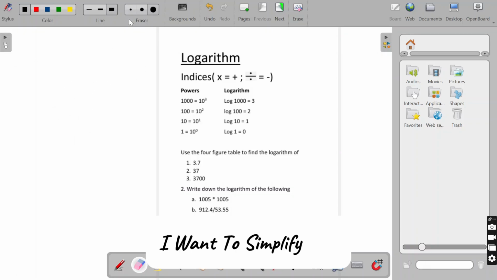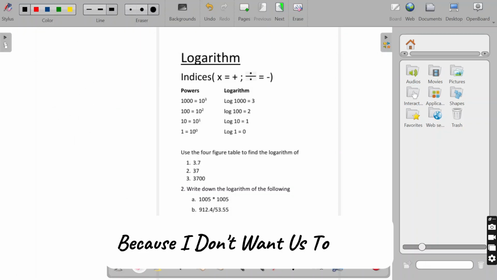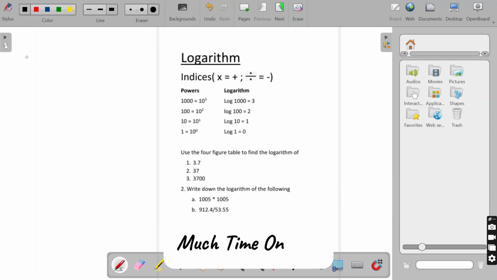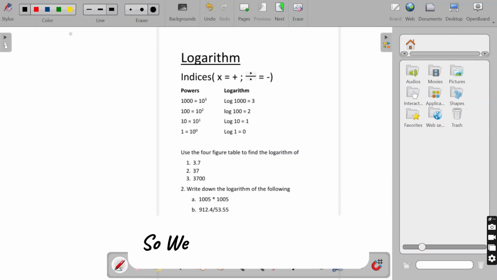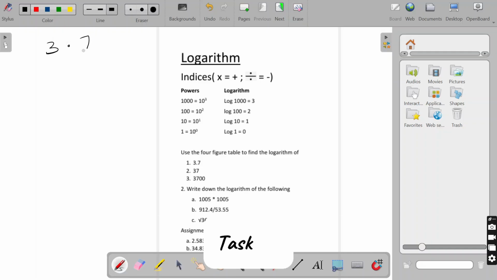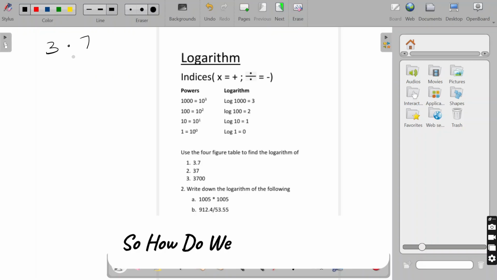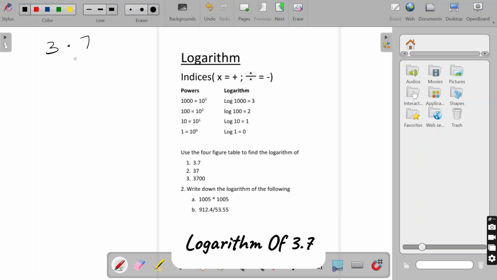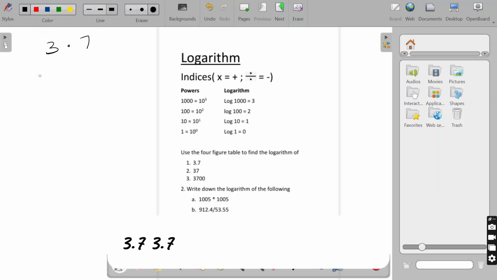I want to simplify this because I don't want us to waste much time on it. We have 3.7 as our first task. How do we determine the logarithm of 3.7? 3.7, if written, is 3.700.